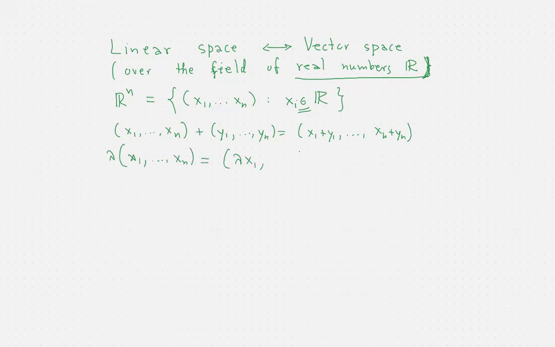Using this as a prototype, we're going to call a vector space or a linear space a set equipped with two operations, one of addition and one of scalar multiplication, where 8 properties, 8 axioms will be fulfilled. So the set V equipped with two operations.